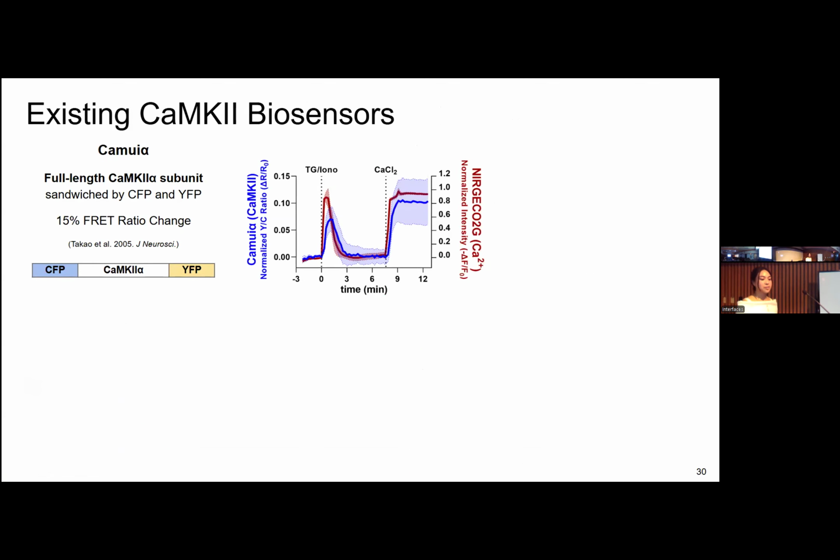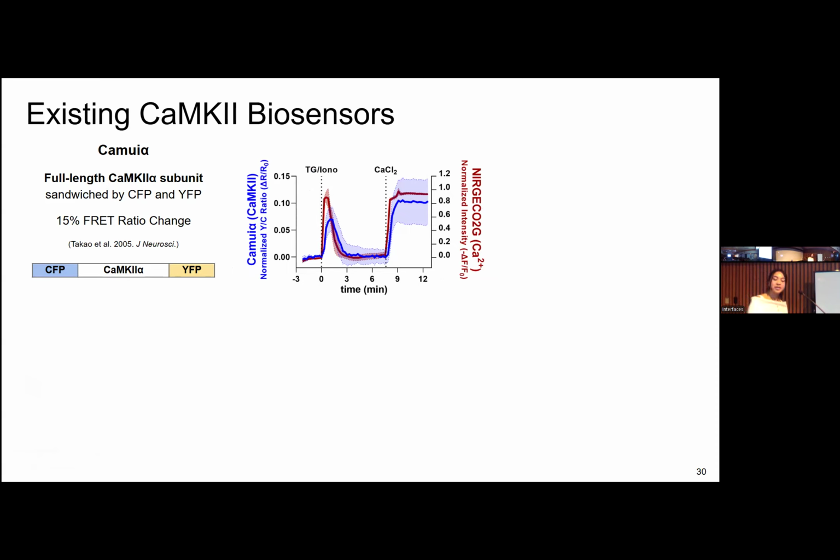And so most existing CAMK2 biosensors are based on a sensor called Camui alpha, which uses a full-length CAMK2 alpha subunit as its sensing domain. And when we test these CAMK2 biosensors, we usually elicit changes to the calcium levels in the cell to stimulate CAMK2 because of its calcium-dependent nature. So stimulating with thapsigargin and ionomycin releases calcium stores and creates a transient spike of calcium in the cell, whereas adding calcium chloride produces a more sustained increase.